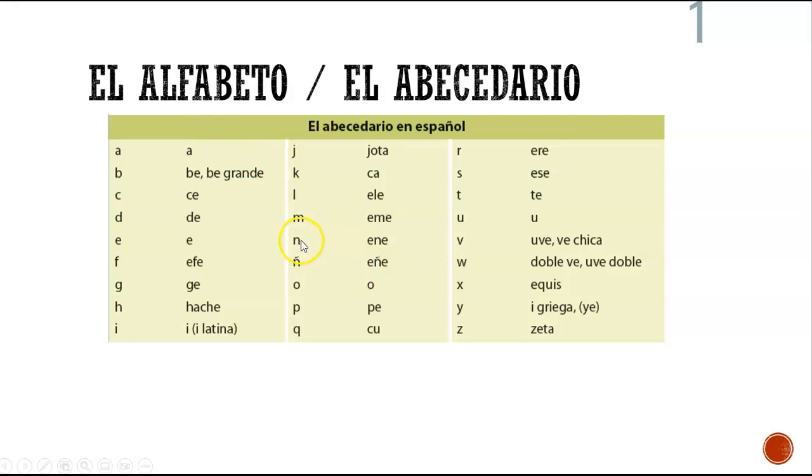There's a difference between N and Ñ. Ñ has the little squiggly line on top. That's in words like niño. It sounds like an NY. And mañana, mañana. Some sounds you think are just like English, but they're quite different, like te, which kind of sounds like de.